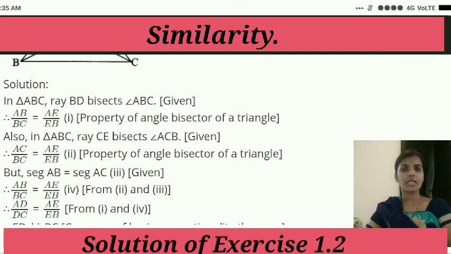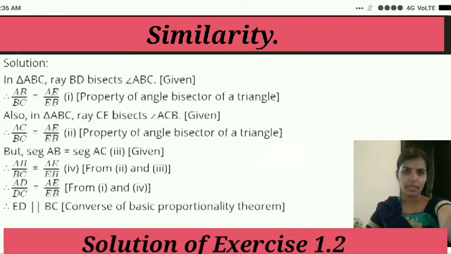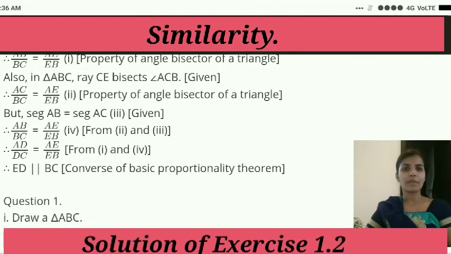AB upon BC is equals to AE upon EB and AD upon DC is equals to AE upon EB. If these two ratios are equal, then we can say these two lines are parallel by the converse of basic proportionality theorem. Understand?